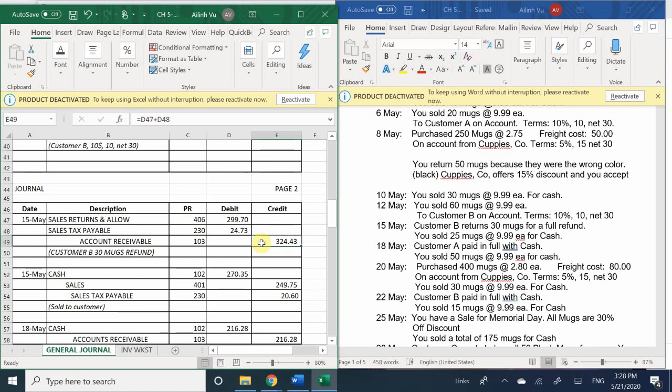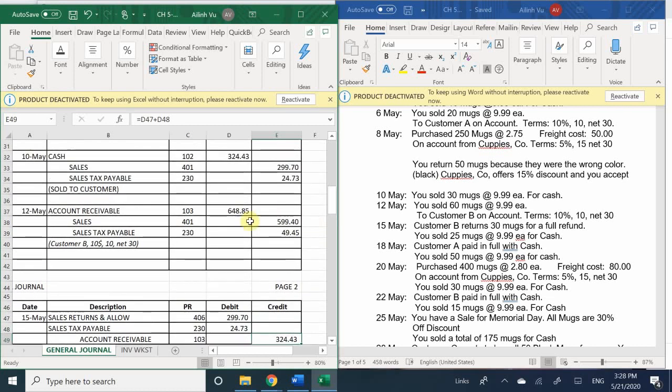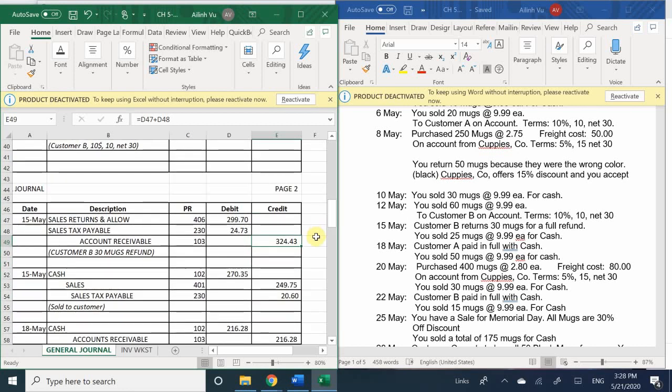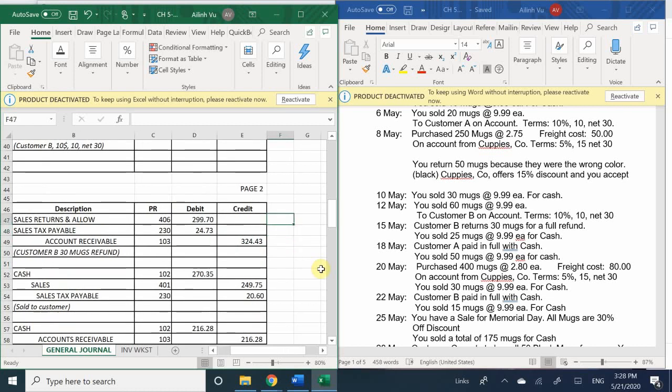However, let's look at this calculation real quick. If he originally owed us $648.85, okay, so I'm going to write that right here. So what was it? 648.85?